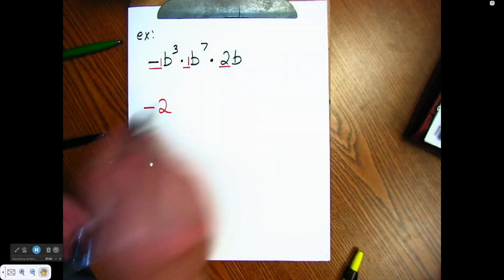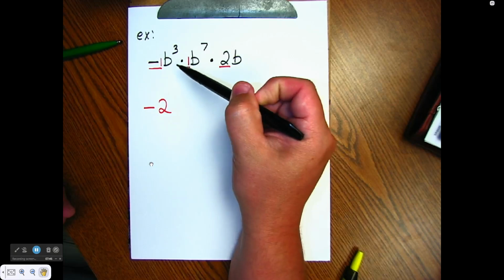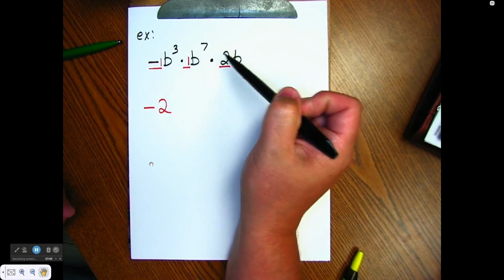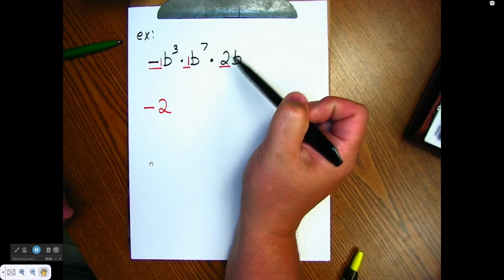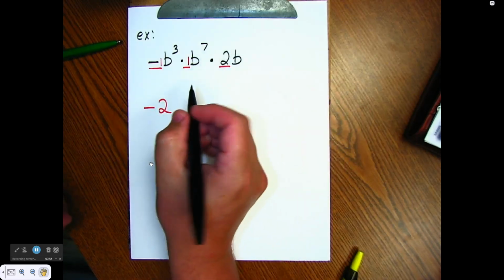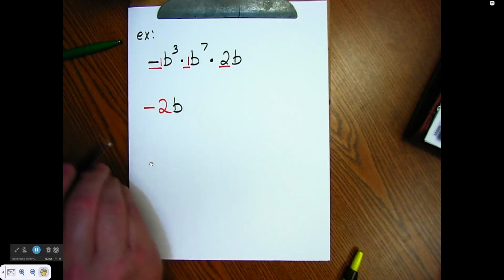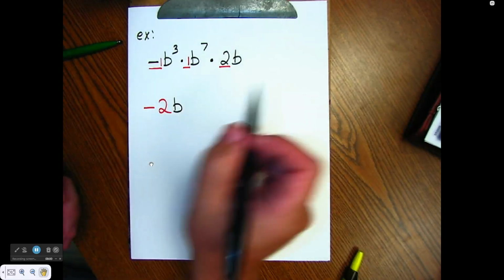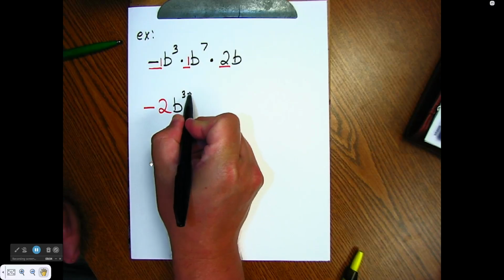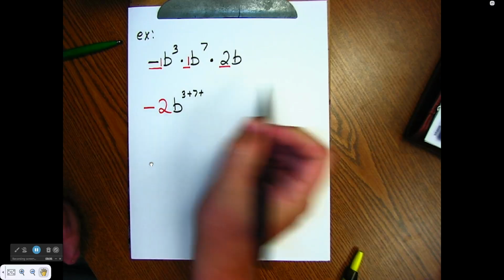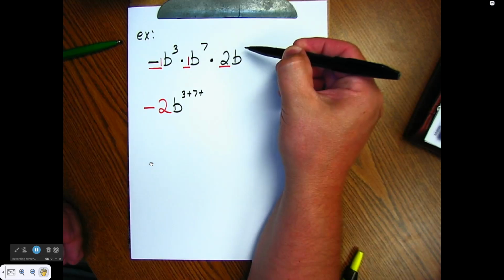Next, we have like bases. A b, and a b. B to the third times b to the seventh times b to the first. The product rule says consolidate the base and we will add the exponents together. 3 plus 7 plus, remember, when you do not see an exponent, it's understood to be 1.